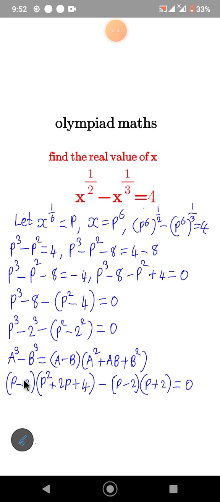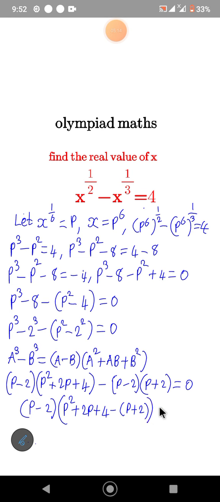And the next thing I'll do, p minus 2 is common here, p minus 2 is common here, so now I'll say p minus 2, open bracket, now this will be inside my bracket, so here will be p squared plus 2p plus 4. Then this minus sign, minus open bracket p plus 2.